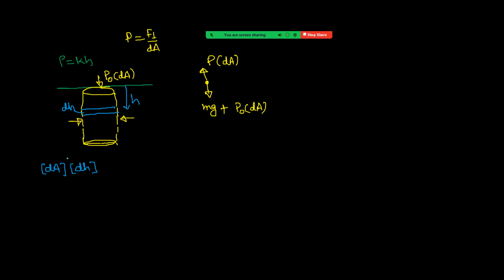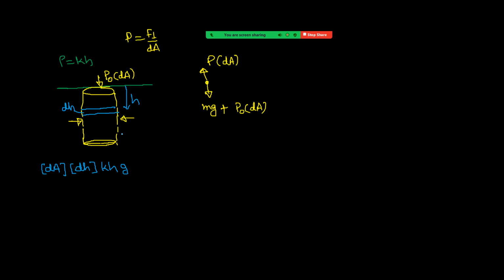This volume into density, given as k into h, gives us the mass of that layer, right? Into g, that is the weight of that layer. And students, you should remember one point here. We are taking the assumption that this depth is very small, so that g is a constant.